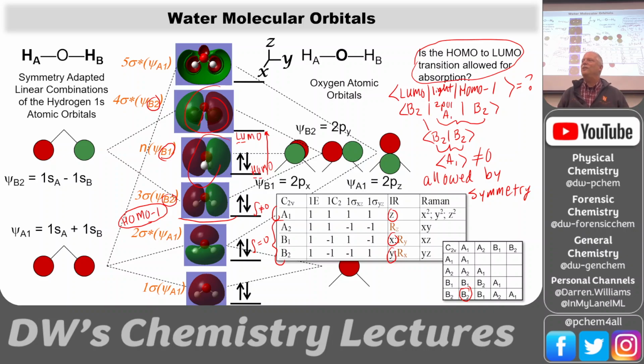But we can't if we don't know the symmetries of the molecular orbitals. So that was the purpose of today's lecture, to teach you how to take a molecular orbital and identify the symmetry of it. Gaussian, I haven't found that they identify the symmetry of the molecular orbitals. They may do that, but I haven't seen it as a nice easy output.